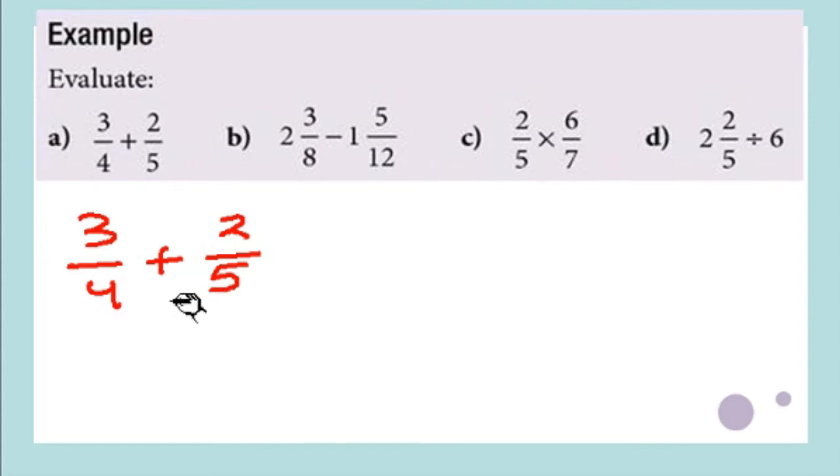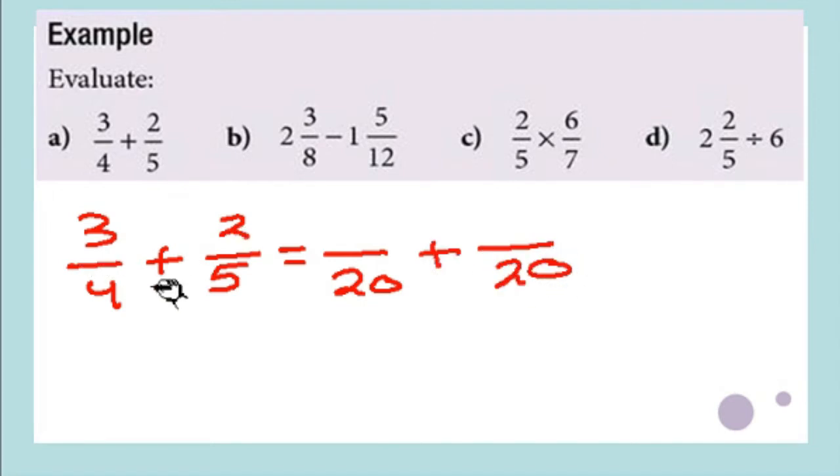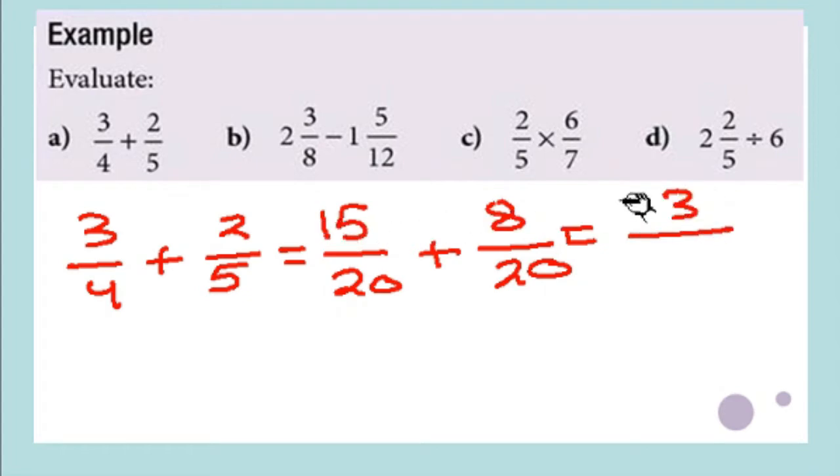Make the denominators equal by multiplying 4 by 5, which equals 20. That means 20 here and 20 here. So if I multiplied here by 5, I have to multiply the numerator by 5. 5 by 3 equals 15. I did 4 by 5 here, so I have to do 4 by 2, which is 8. 15 plus 8 equals 23. So this is 23 over 20.